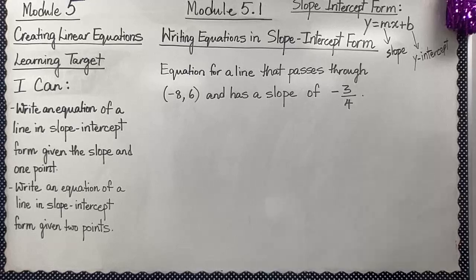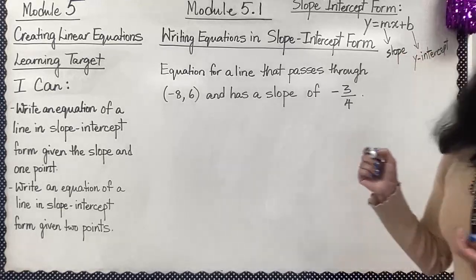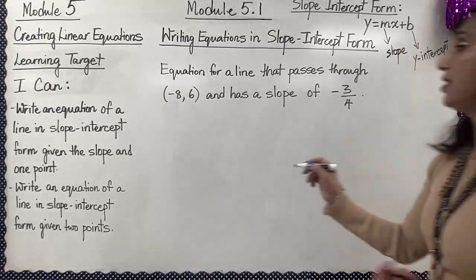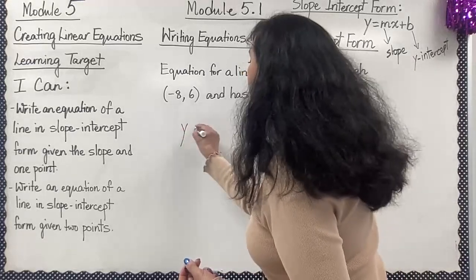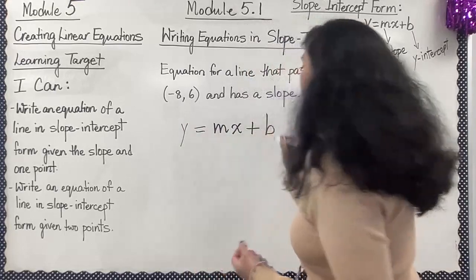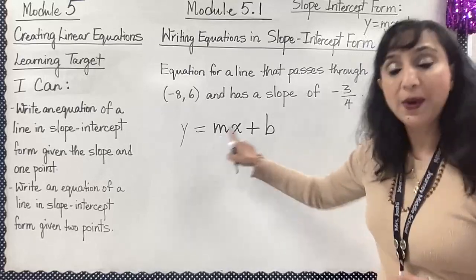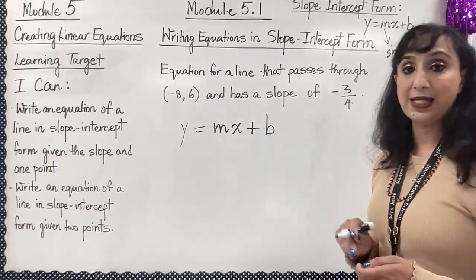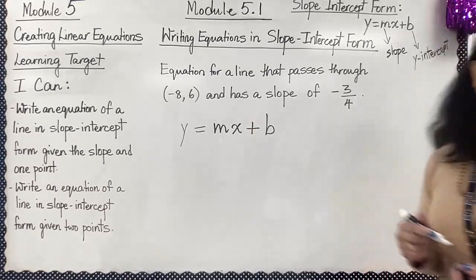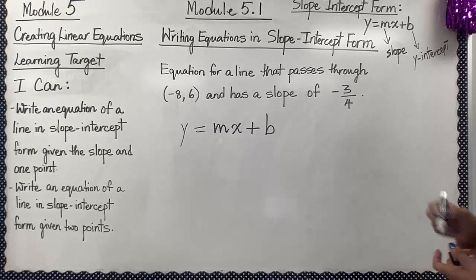So let's look at this one. I have my slope-intercept form, y is equal to mx plus b. Once again, m is my slope and b is my y-intercept. In this case, I am given the slope.